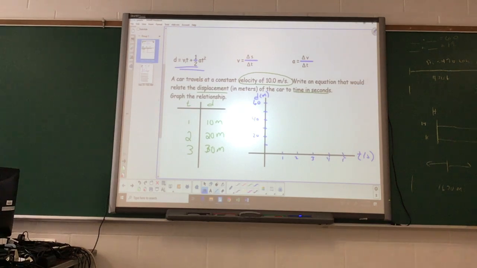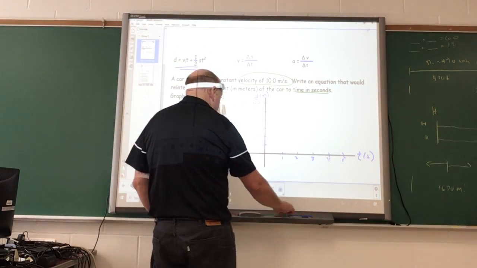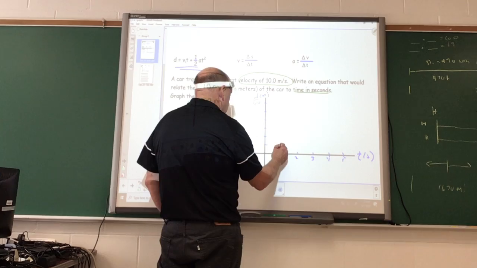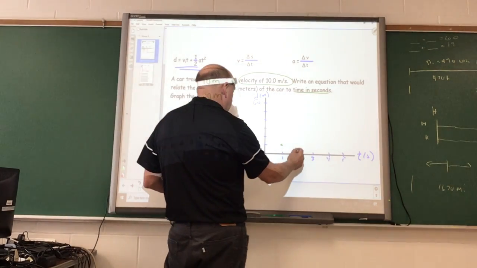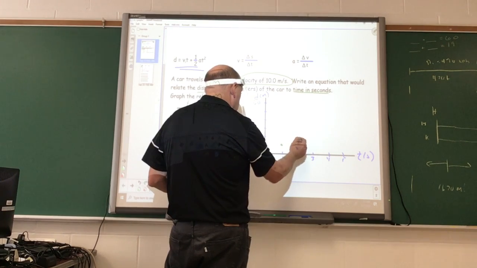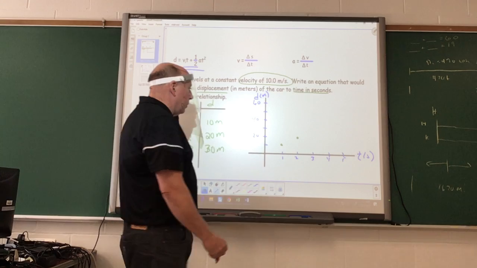If we plot these points, after 1 second we have a displacement of 10 meters. After 2 seconds we have a displacement of 20 meters. After 3 seconds we have a displacement of 30 meters.